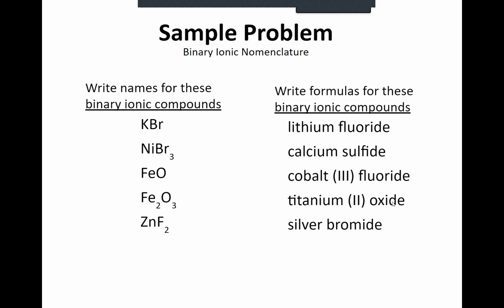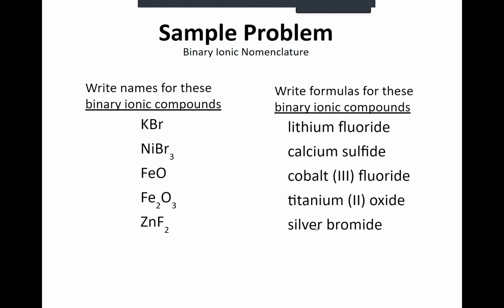Oxygen is always a -2 charge. So one atom that's double positive pairs up with one atom that's double negative. Just like calcium sulfide took one atom of each, titanium 2 oxide also takes one atom of each. So our formula is TiO.